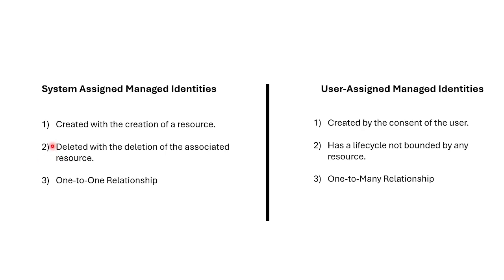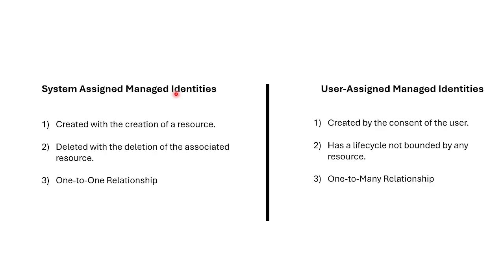Meaning, a system assigned identity will be deleted with the deletion of the associated resource. Whereas, because a user assigned identity is not closely attached to the resource, since it's been created explicitly by the user, its lifecycle is not bound to the lifecycle of the resource. Meaning, even if the resource gets deleted, the user assigned identity stays relevant, it stays existent.